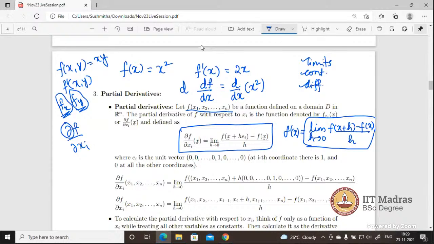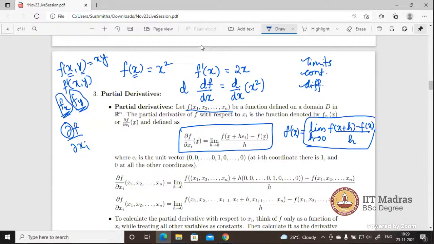What is the geometrical meaning of derivative in the one variable case? Rate of change. Because there was only one variable, we just wrote it as rate of change, but it was actually rate of change with respect to x. But in the multivariable case, you have x and y. So if it's with respect to x, you say something.